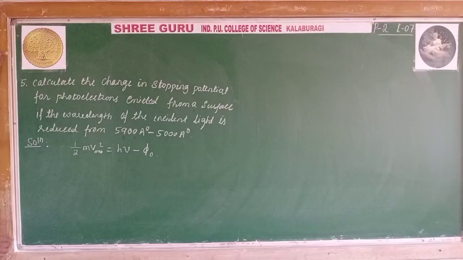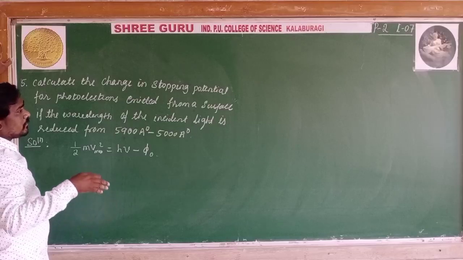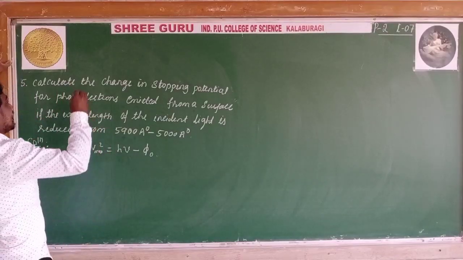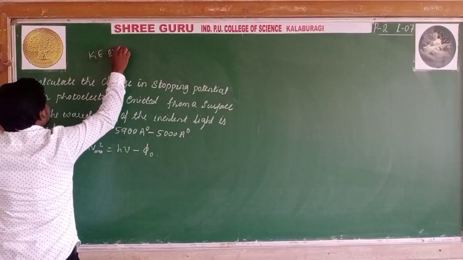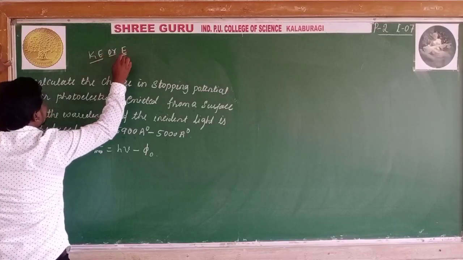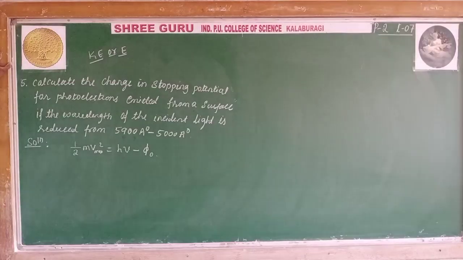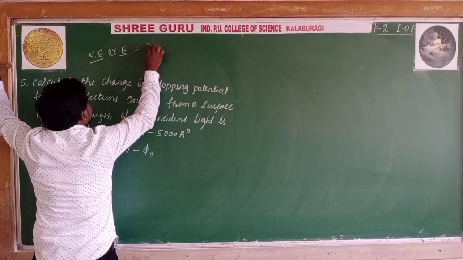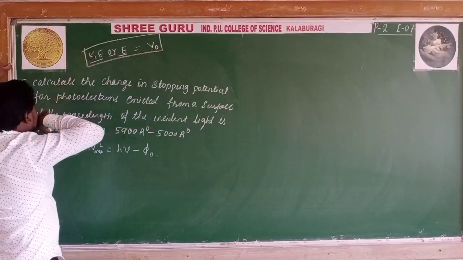Now, one important relation I already explained in the last class, before solving the numericals: the kinetic energy is always equal to the stopping potential.